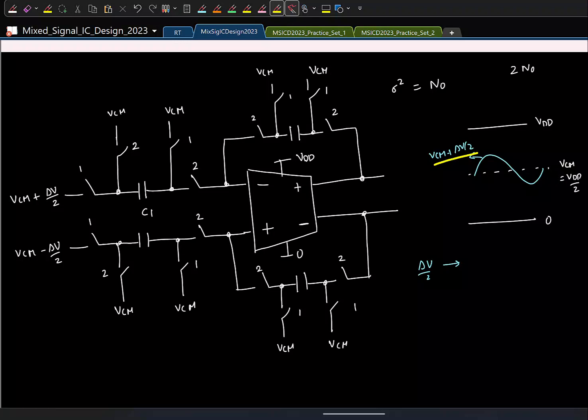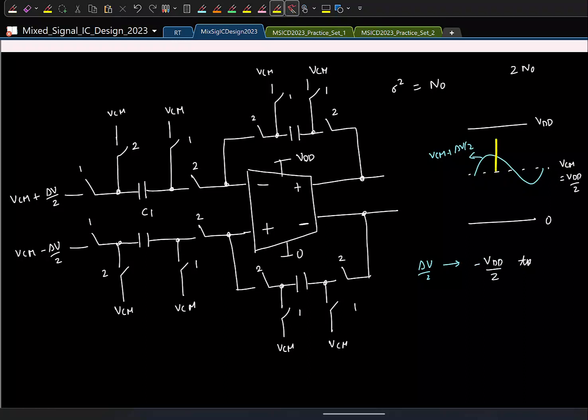Input is VCM plus delta V by 2, so on top of VCM, we can go top and bottom. What is the bottommost I can go to? So what is the minimum delta V by 2? Minus VDD by 2.